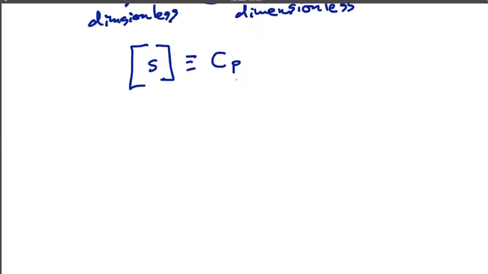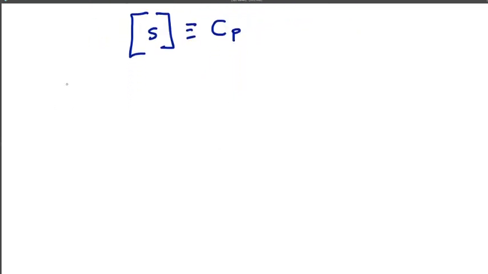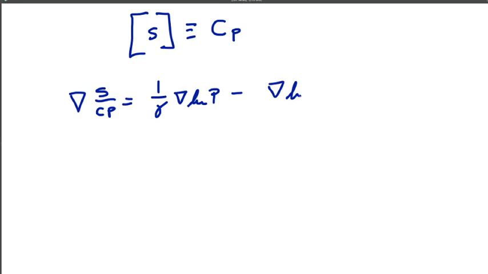Okay, so now let's do some ideal gas. Let's play some ideal gas games. So we've got S over C_p. So this is 1 over gamma grad log of the pressure minus grad log of the density.